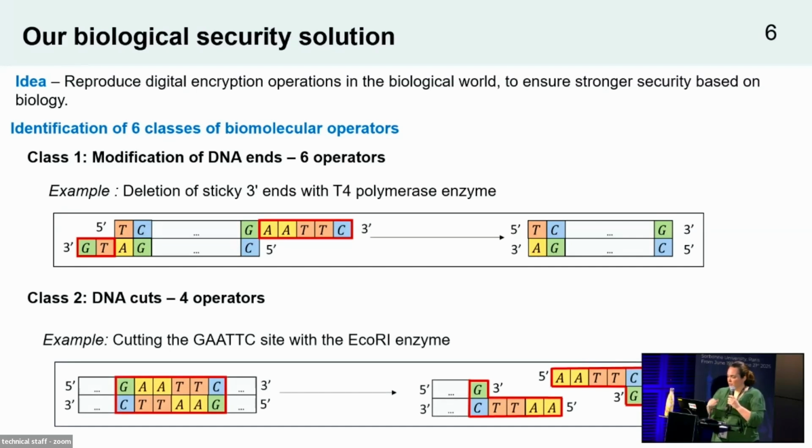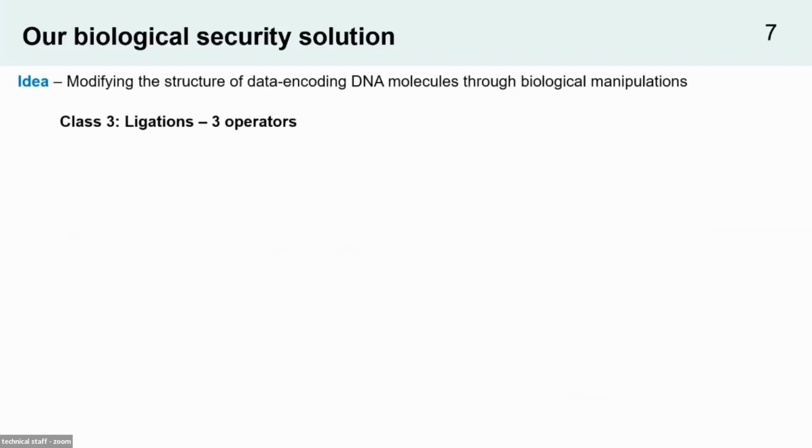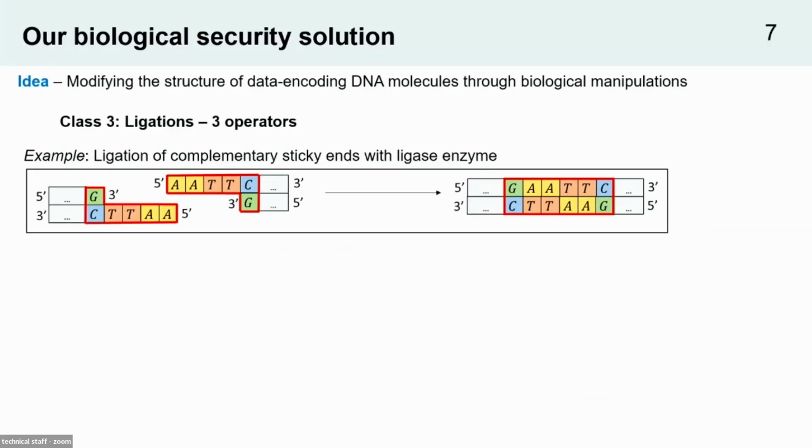Several hundred enzymes recognize different restriction sites, such as the restriction site that's framed in red, and cut them in different ways, with these enzymes all having different yields and parameters. The third class regroups ligation operators, so it's possible to ligate, here in this example, complementary sticky ends of double-stranded DNA molecules with enzymes.